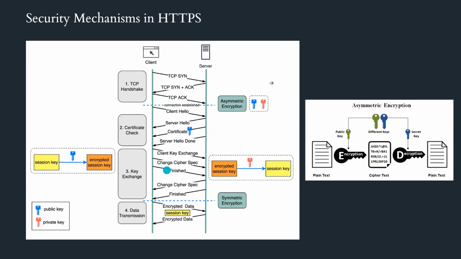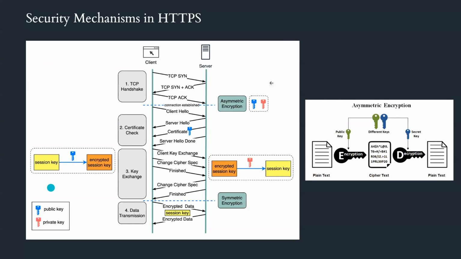The client will, after that, use that key in the third stage to generate a new key, right? The client will obtain the public key and use that to generate a new key, which is known as an encrypted session key, right?